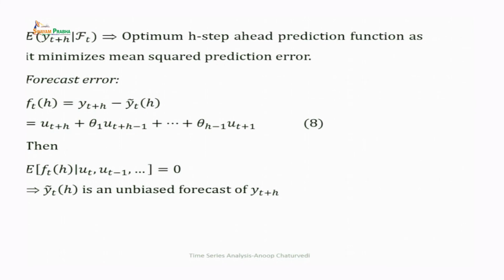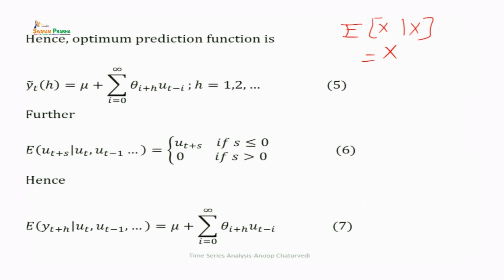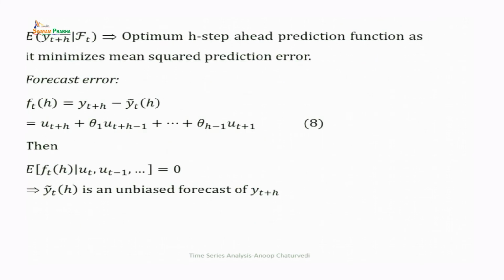And this expectation of y t plus h is the same as this term. So, actually this shows that the optimum h step ahead prediction function is expectation of y t plus h given F t.